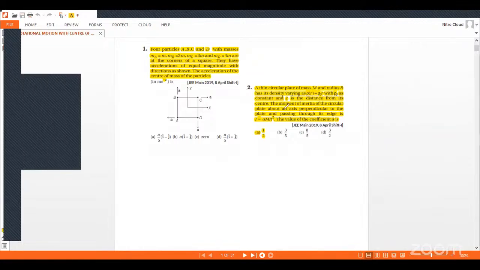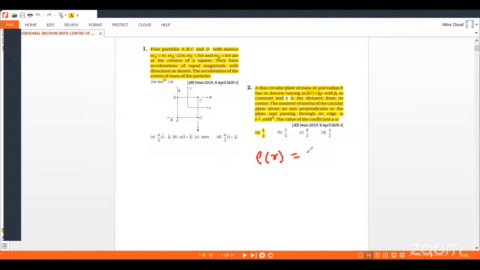A thin circular plate of mass M and radius R has its density rho as a function of distance, that is rho naught times r, where rho naught is a constant.